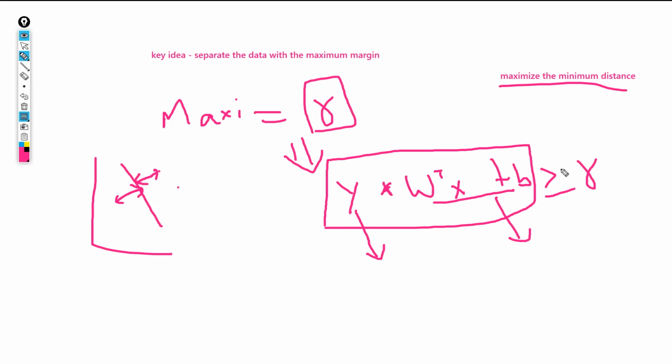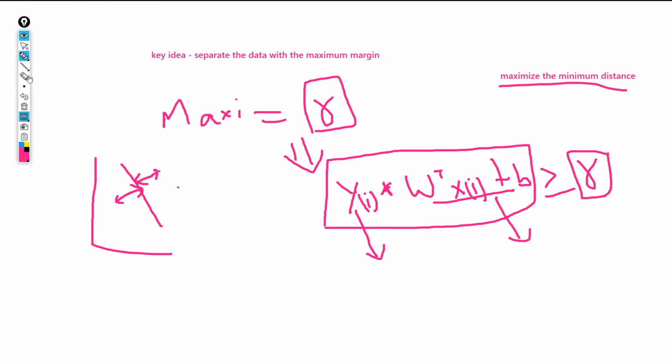That's why we are multiplying it. And because we have to do this with every point, I am going to use i, xi. So what it says is that when we want to maximize this gamma, every point should be equal to or greater than this gamma.